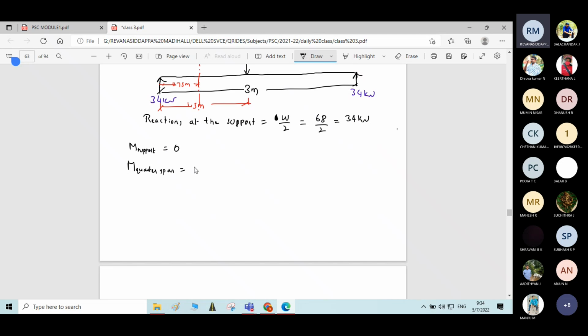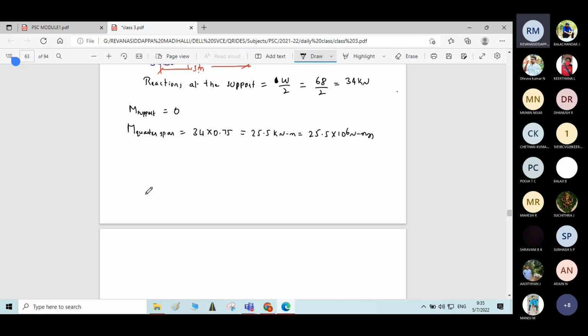It is directly 34 into 0.75, which is 25.5 kilonewton meter or 25.5 into 10 power 6 Newton millimeter.